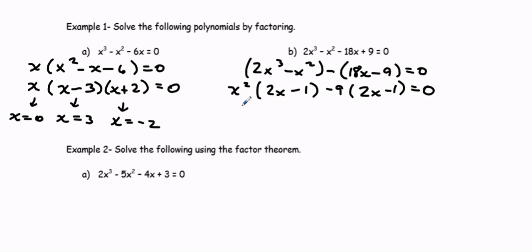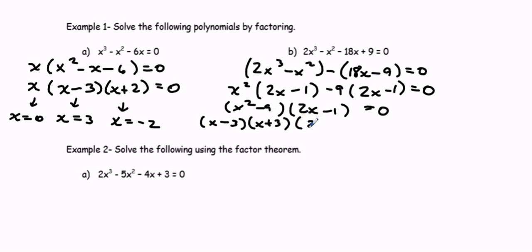I'm going to put it all together now, and I say x squared minus 9 times 2x minus 1 equals 0. Sorry about that. And it's not fully factored. This is a difference of squares, so I know that I factor x minus 3. I take the square root of each and one of each sign.